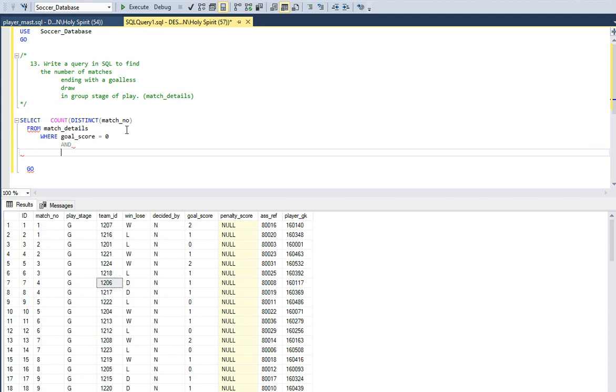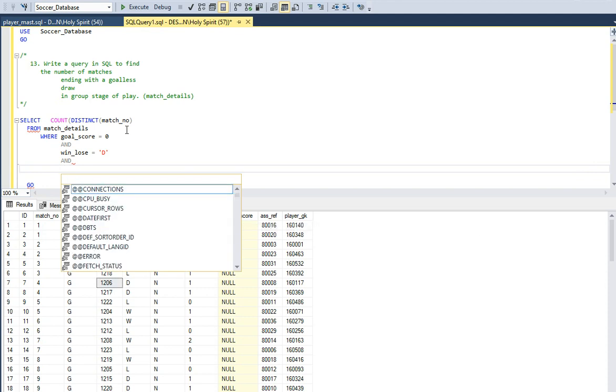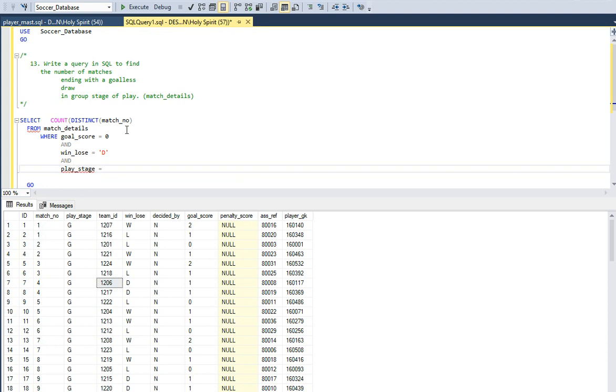The second one is draw. So win lose is equals to draw, and another one is group stage, play stage. Play stage is equals to G.